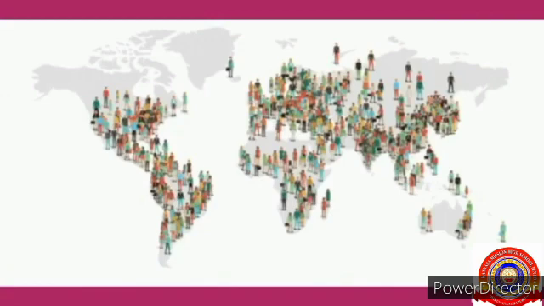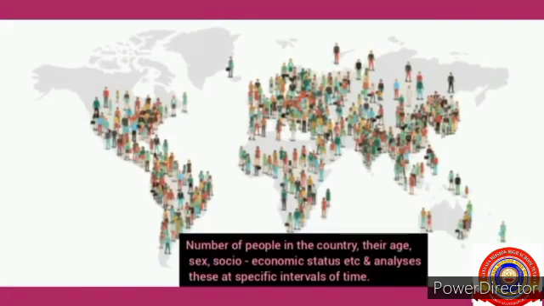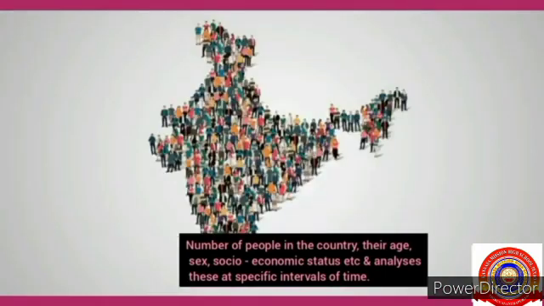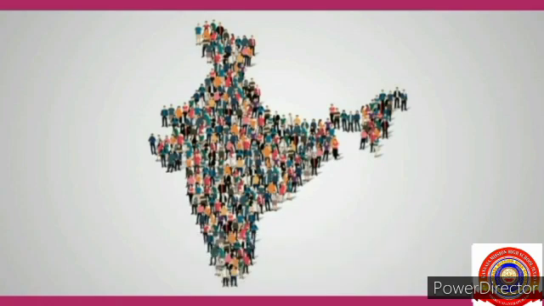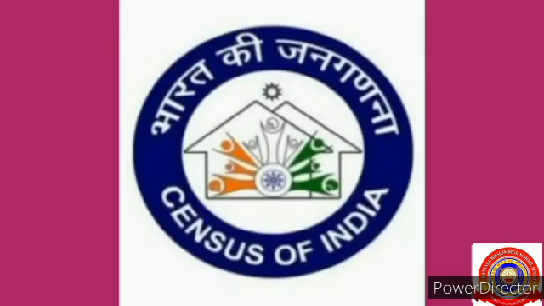Every country collects information on the number of people in the country, their age, sex, socio-economic status, etc. and analyzes these at specific intervals of time. This activity is known as population census.